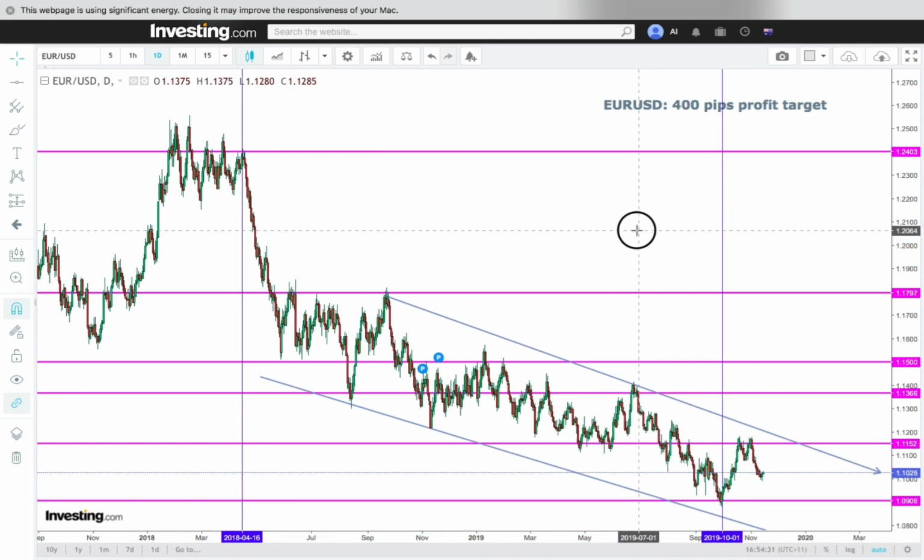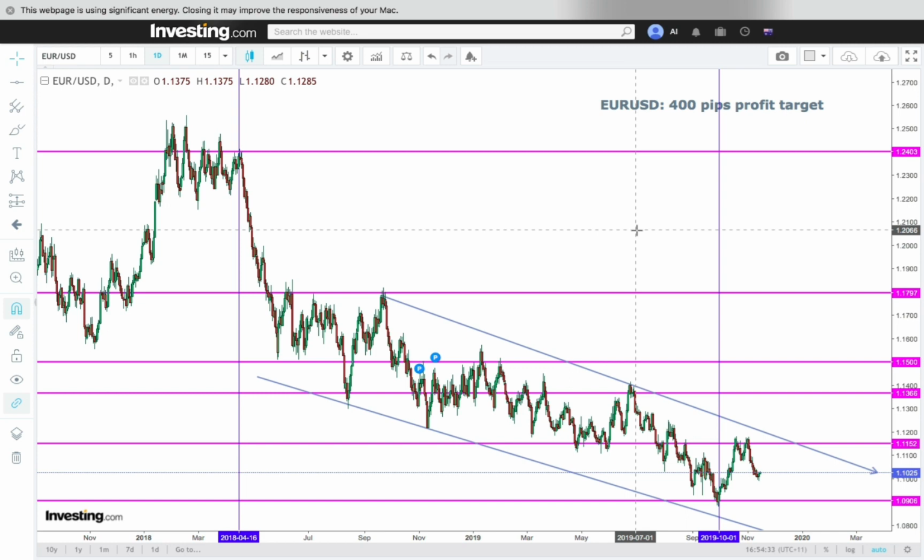Now I've got a question for you. If you think this is the bottom, let's say for demonstration purposes this is the bottom, and the market wants to go up, and let's say it's going to come up here or there.